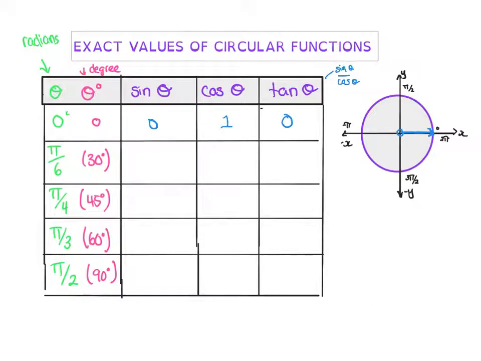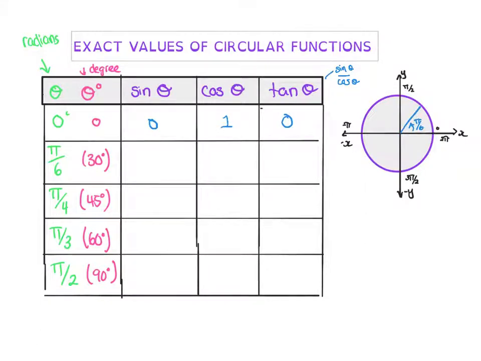Okay, so the next one is maybe not so easy, because we are now going up at an angle of pi on 6, which is equivalent to 30 degrees.